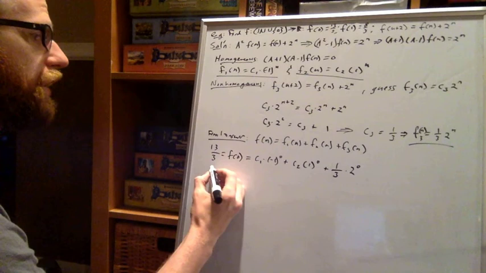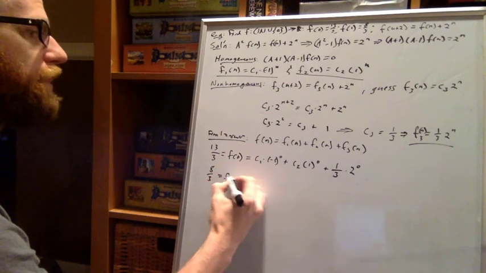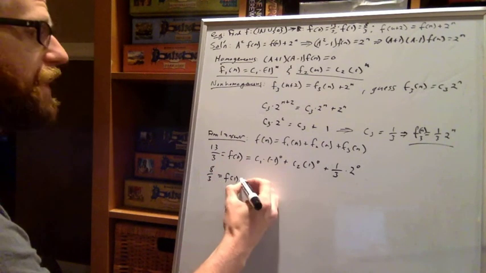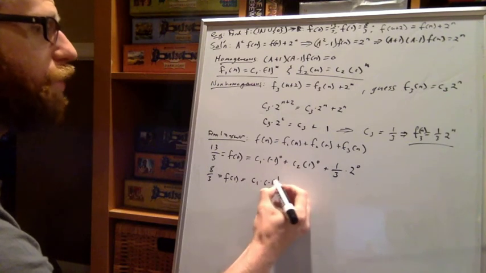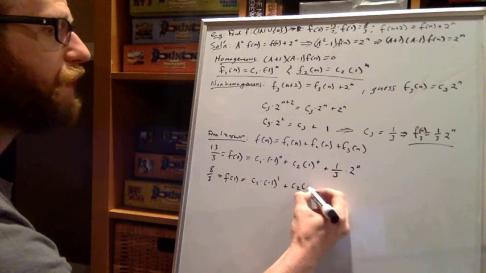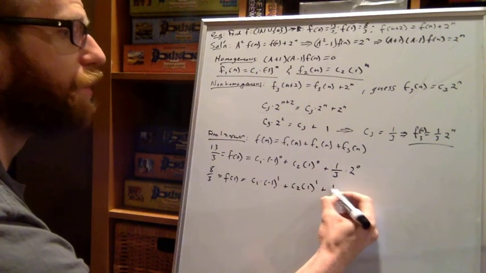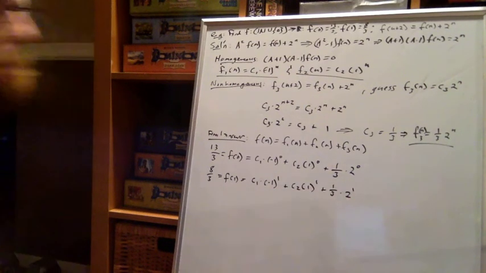Next, 8/3 equals c1 times -1 to the 1 plus c2 times 1 to the 1 plus 1/3 times 2 to the 1.